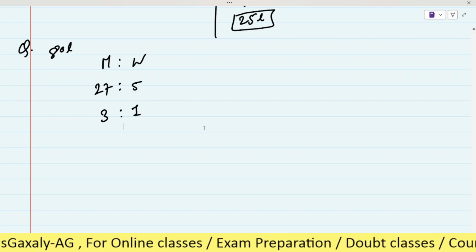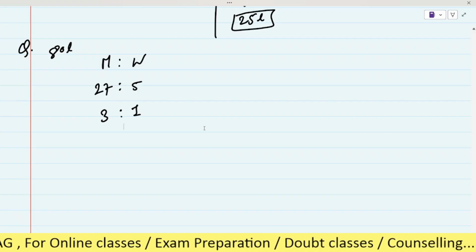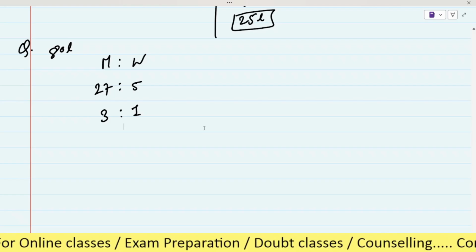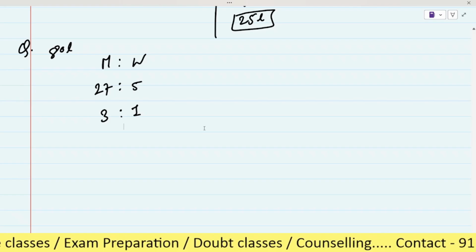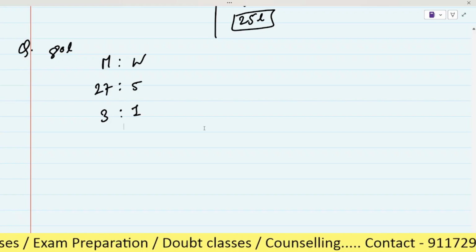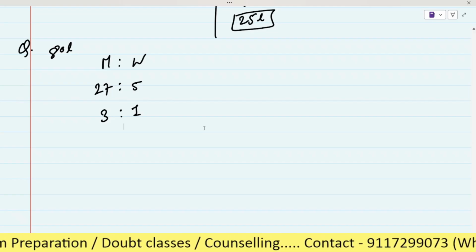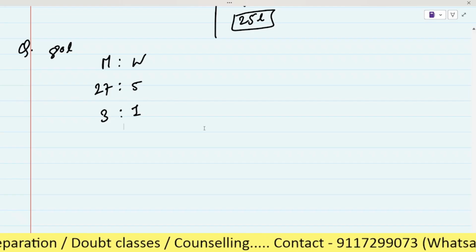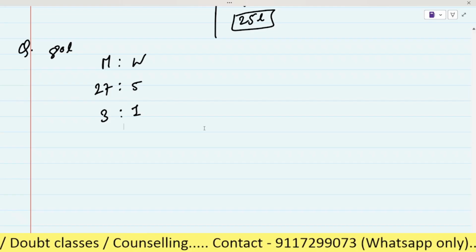Then I made an equation like 80 minus 67.5 is 12.5, and 67.5 by 12.5 plus X equal to 3 by 1. And after solving it, you got 10 liter. Oh, okay, no problem.